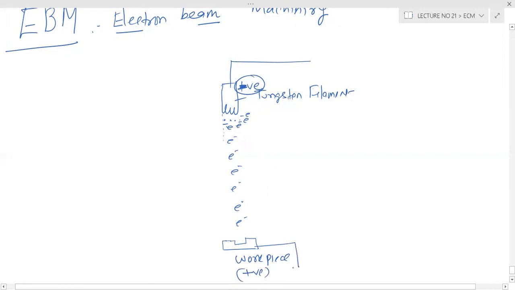And yes, there will be some accelerator. Just understand this, let me draw first.